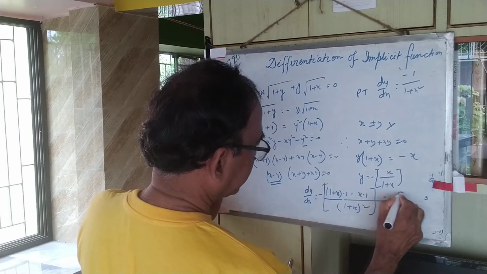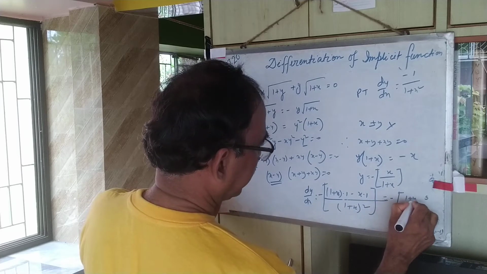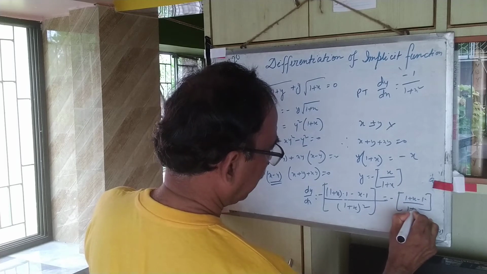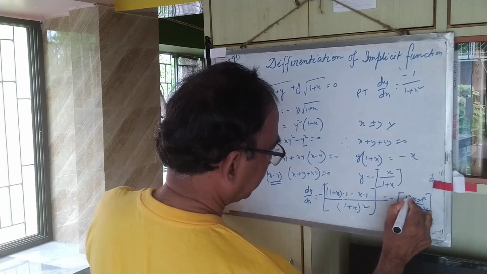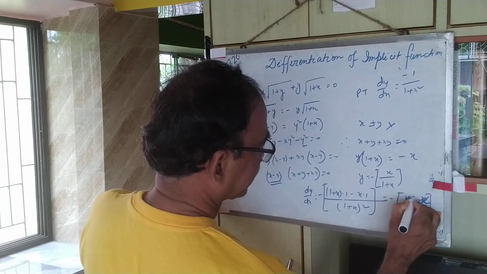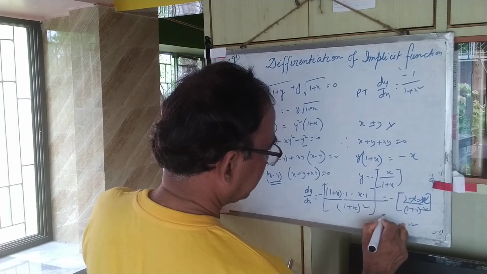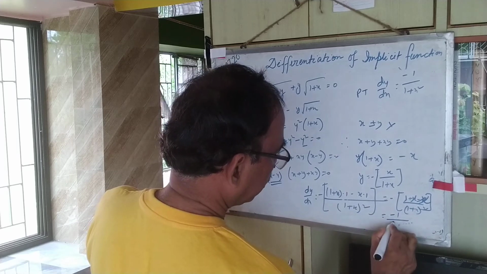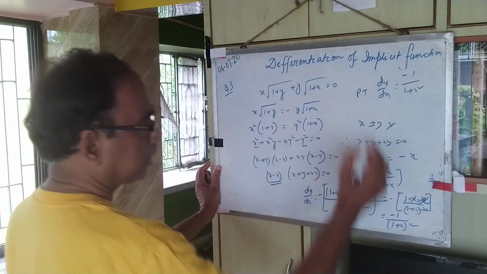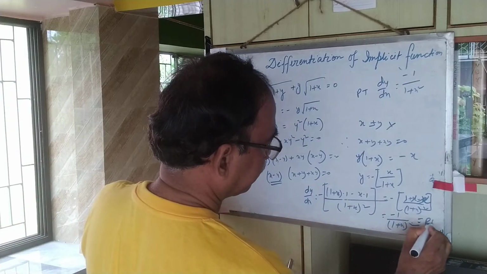That is minus 1 plus x minus x by 1 plus x whole square. That is 1 plus x whole square, x is cancelled. That is minus 1 by 1 plus x whole square. So therefore dy by dx, therefore right hand side.